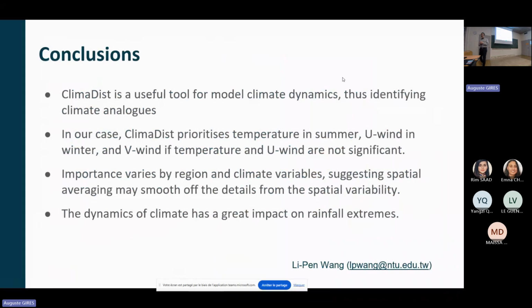I also see that climate dynamics has quite a great impact on rainfall extremes, and we should account for it. Otherwise, we may largely underestimate very high rainfall extremes. So that's it. We covered a lot of topics here.